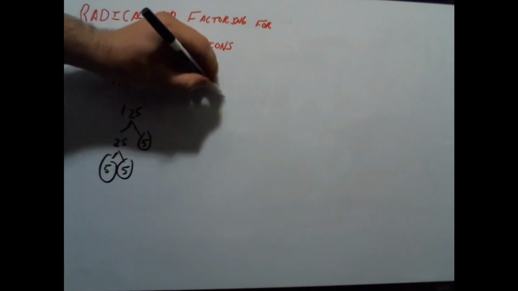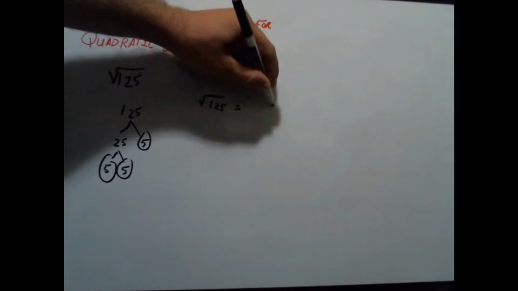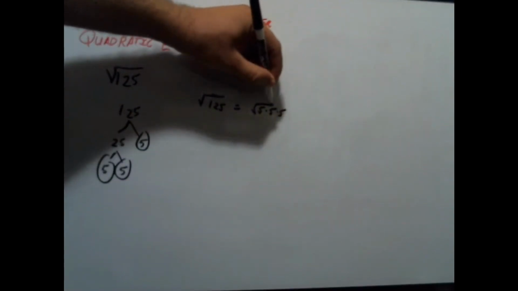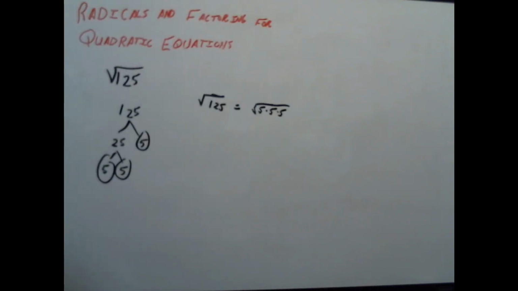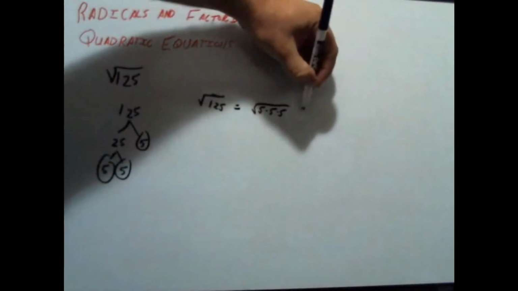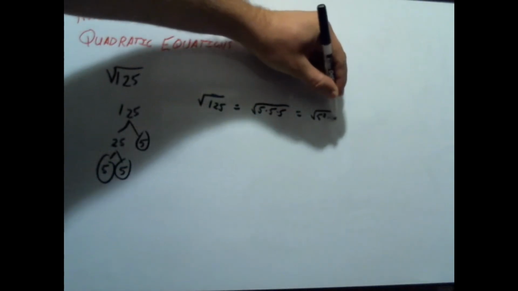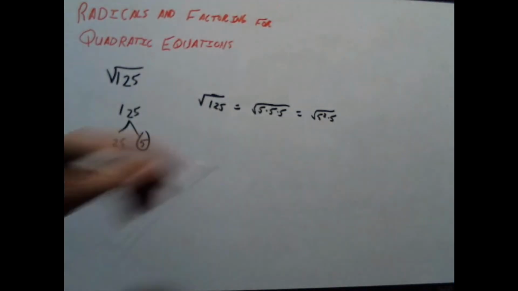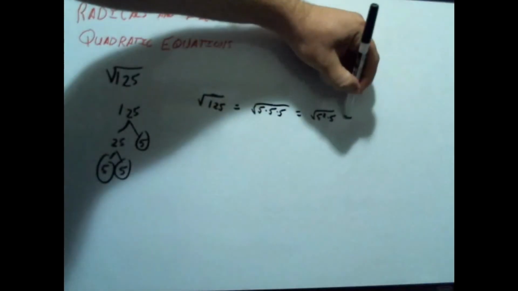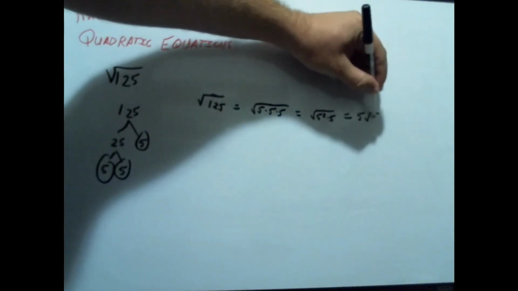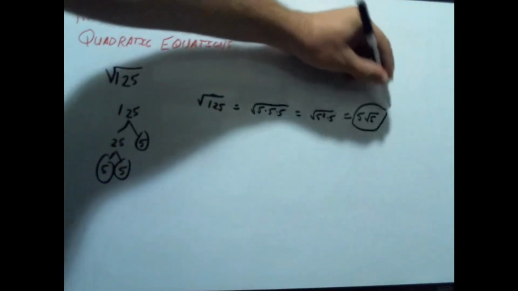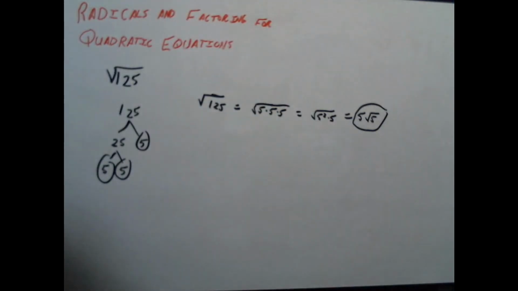So I have radical 125 equals radical 5 times 5 times 5. And since I have two 5's for sure in there, then I can say radical 5 squared times 5. And I can pull that squared out to be 5 radical 5. And that is a simplified form of radical 125.